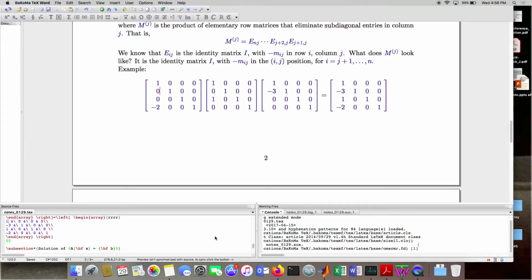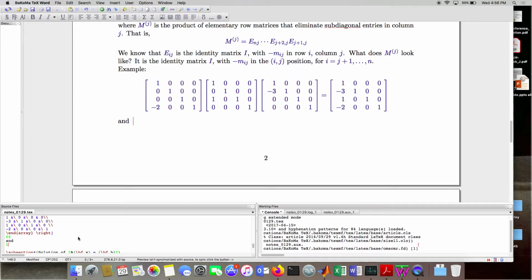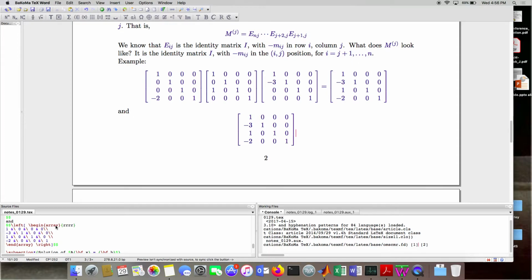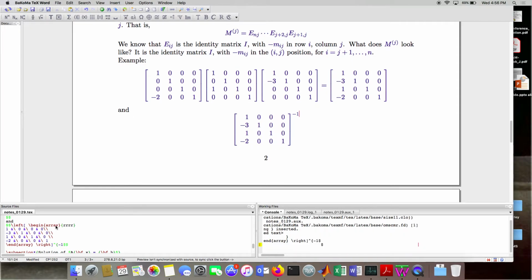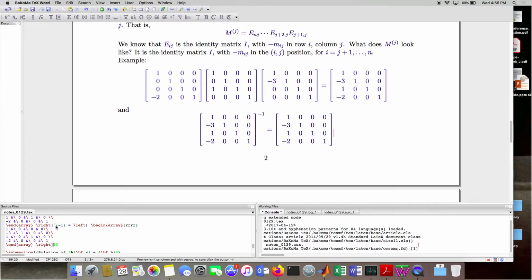Now, the other thing I'll point out while I have this example up here, now that I have this product, what happens if I take the inverse of this product?